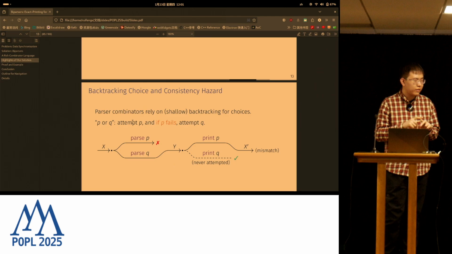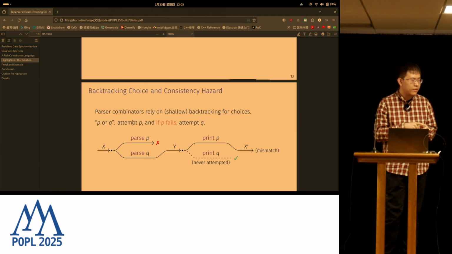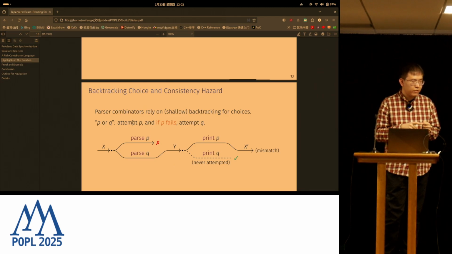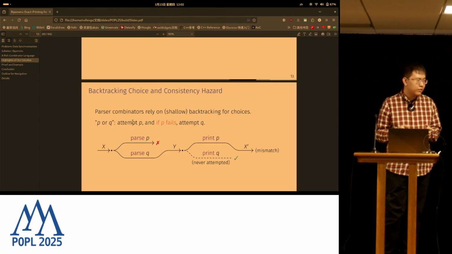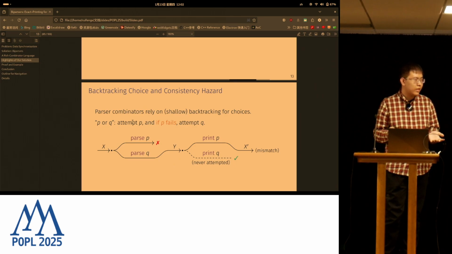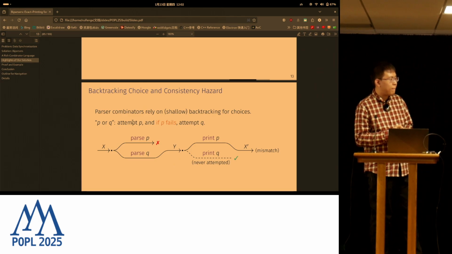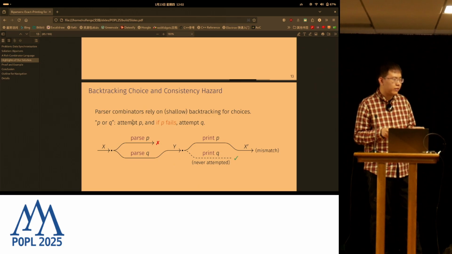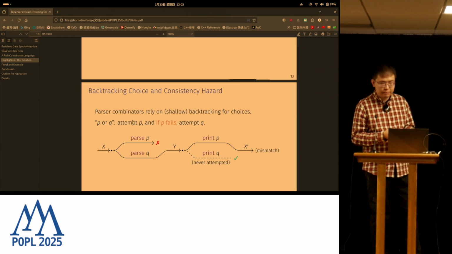You are guaranteed that they are consistent and you get the exact printing behavior. But if they are from different biparsers, then you know nothing about them, which means anything can happen. So it means in general the choice, the alternate combinator, is just not round-trip correct? Yeah, if you do not pose any requirements on the two branches, then anything can happen. You have no guarantee. Thanks.